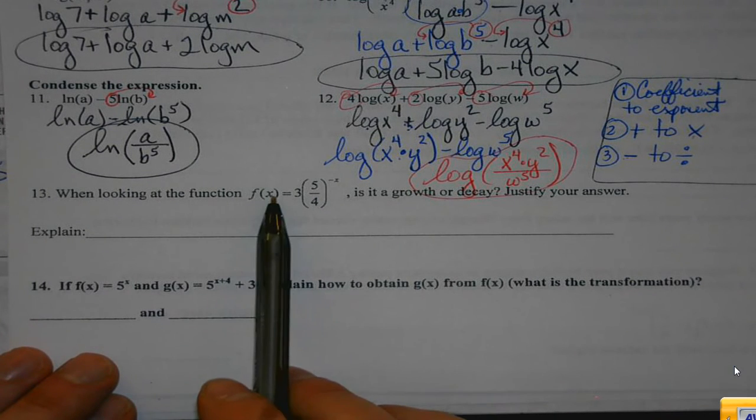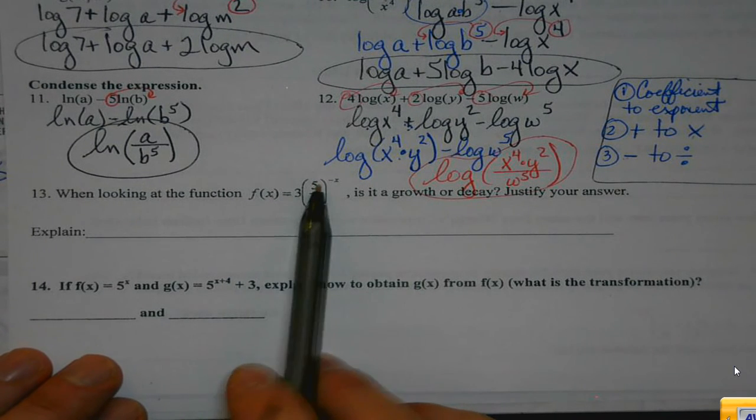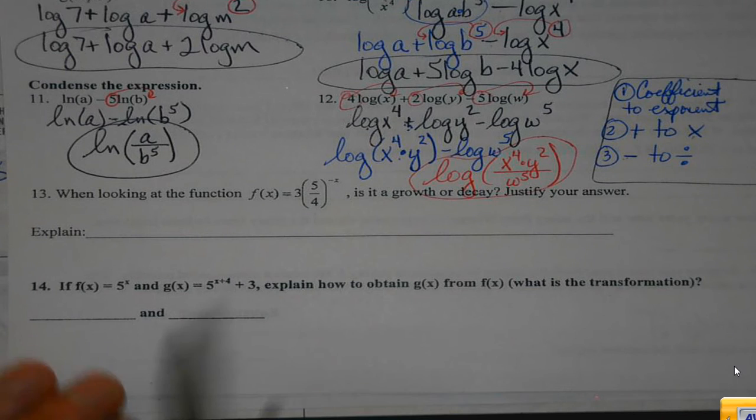When looking at the function f of x equals 3 times 5 over 4 to the negative x, is it growth or decay? Justify your answer. And justify your answer doesn't mean the graph goes up or down to the right or left. So here's my first question. What's my b value on number 13?